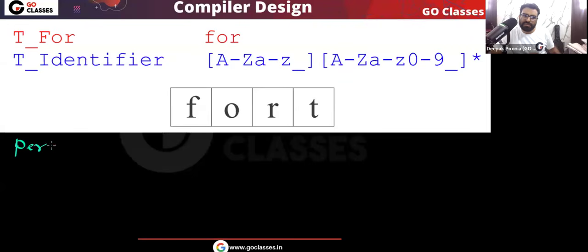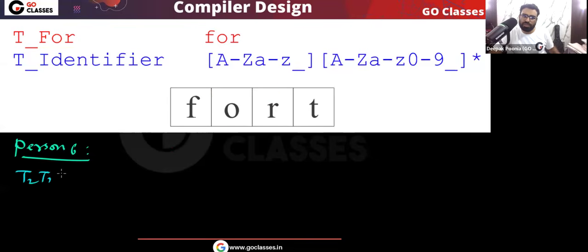What can person 6 say? You have already understood the point that this is a challenge. Yes or no? This is the challenge in scanning. There are many more possibilities. For example, person 6 can say that, okay, for F, generate token T2, for OR, generate token T2, for T, generate token T2.